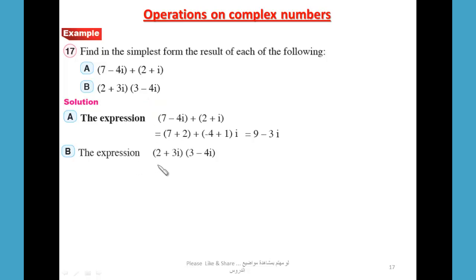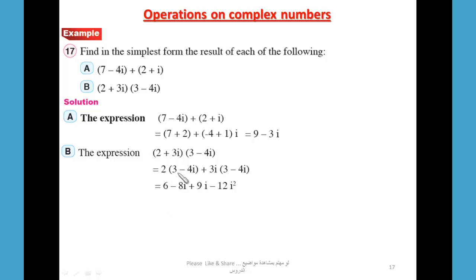Here we have the multiplication. The expression 2 plus 3i multiply 3 minus 4i equals. We multiply 2 by 3 minus 4i, so we take the first term and multiply by the brackets, plus 3i multiply 3 minus 4i. And we expand the brackets.